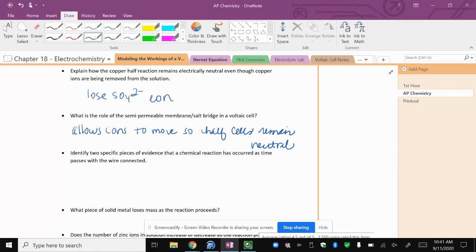So what we would physically see in lab is that the zinc electrode gets smaller. Okay, and we'll stay with that zinc half reaction for now. And so this means we now have more zinc ions in solution.